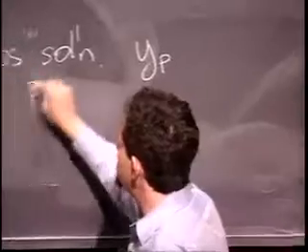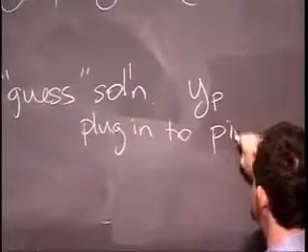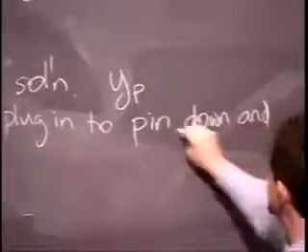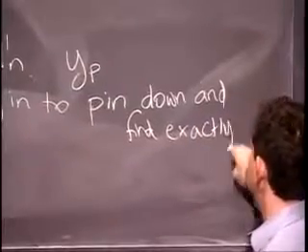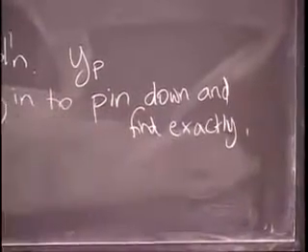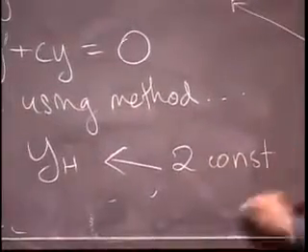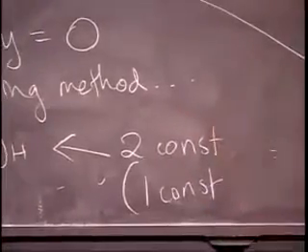So this is going to involve plug in to pin it down. And again, I'm going to talk about this very soon. And find exactly. No constants. So there's two constants here, if it's second order, or one constant if you started off with only first derivatives.